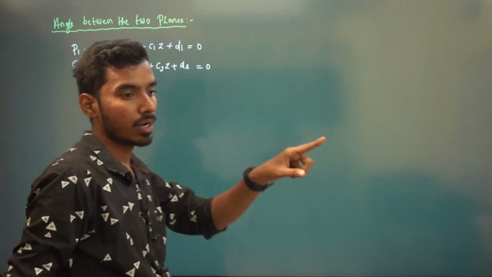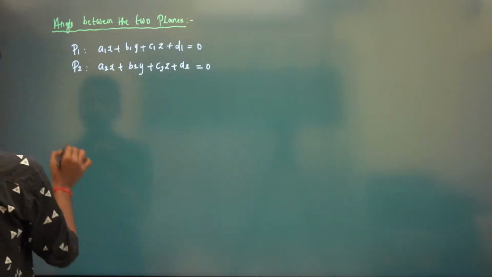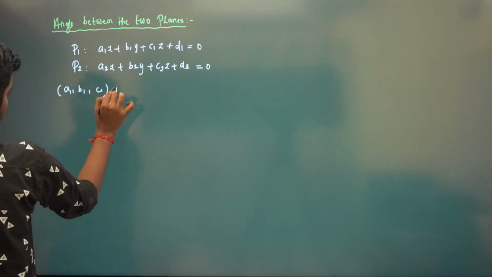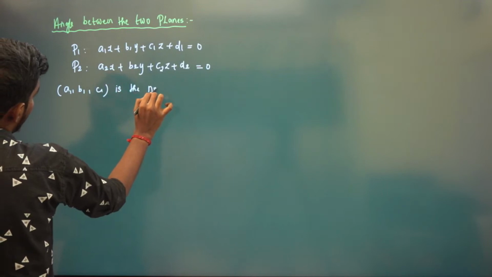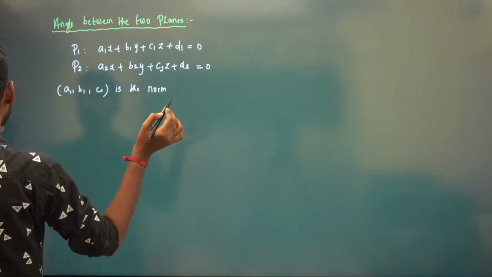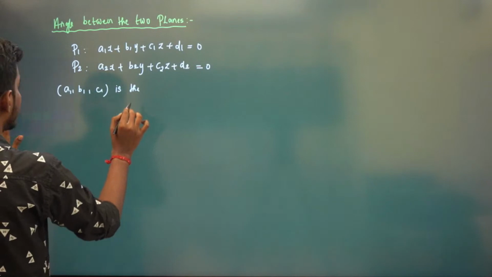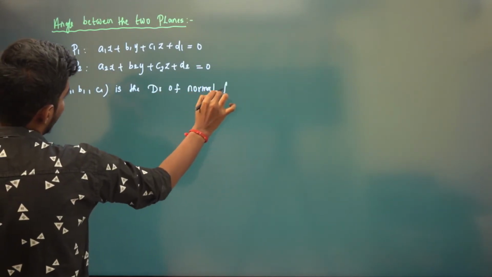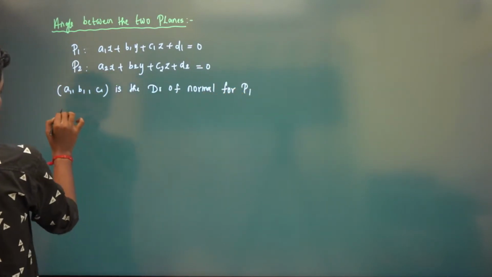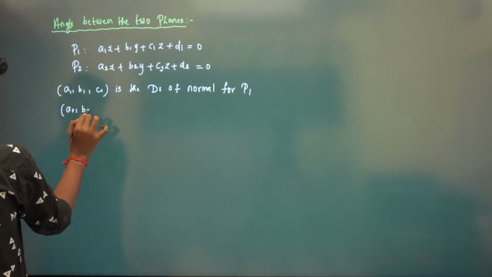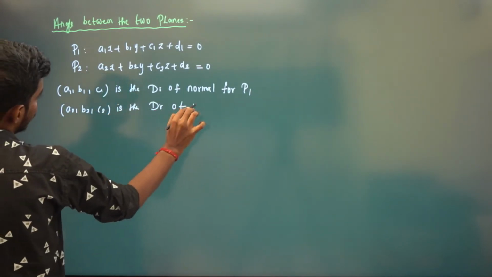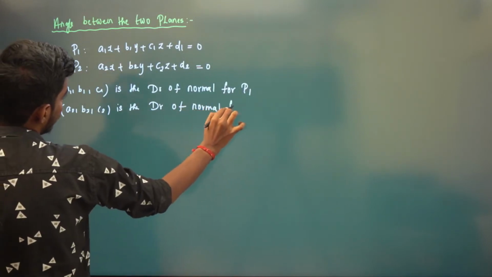So a1, b1, c1 is the direction ratio of the normal for the first plane, and a2, b2, c2 is the direction ratio of the normal for the second plane.